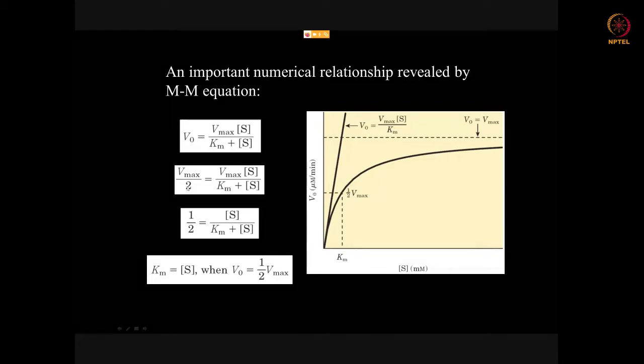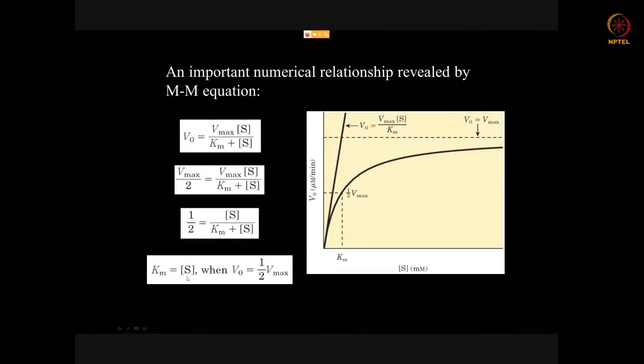So if V0 therefore equals half of Vmax, then if you substitute that value here as well, then you are going to find that, so if you cancel these two, then half equals S by Km plus S, so that eventually tells you that Km is actually S, right? So then only it will be half.